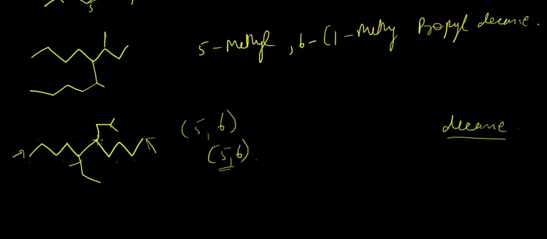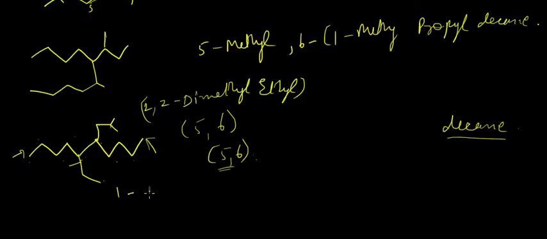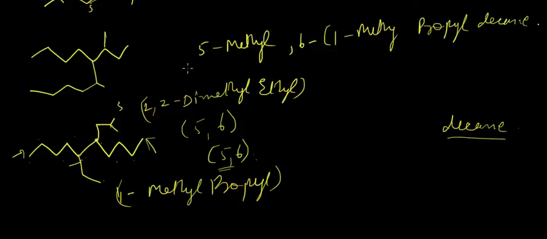So here its name is 2,2-dimethylethyl, and this one is 1-methylpropyl. Now I think it's pretty clear that 5 would be at this position. Okay, I have given the name correctly.